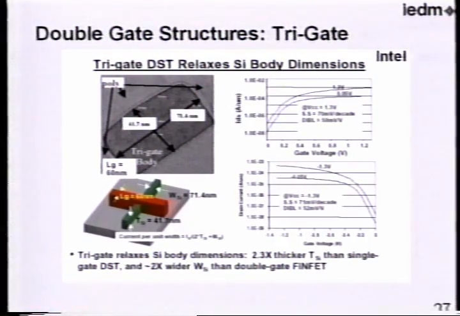You can see the gate on the side over here. It looks a little thicker than the gate on the top. But the three gates are this side, this side, and this side, which provides the three gates. This particular device was made with a poly gate electrode. Its characteristics obviously look pretty reasonable. So this is another approach that's being looked at.